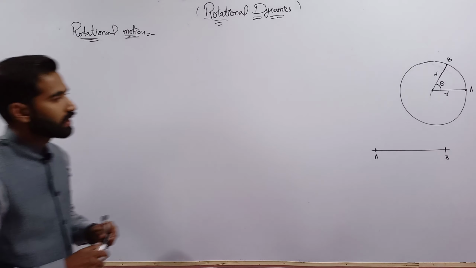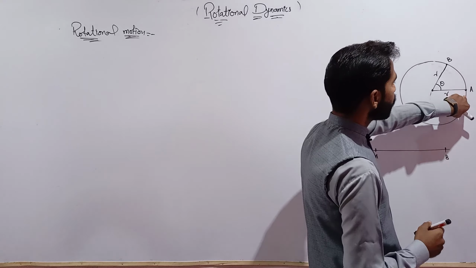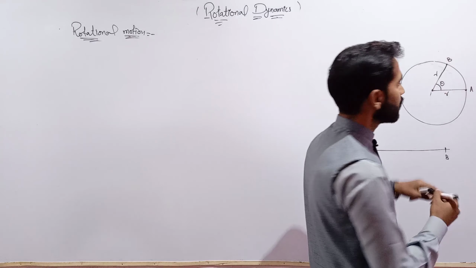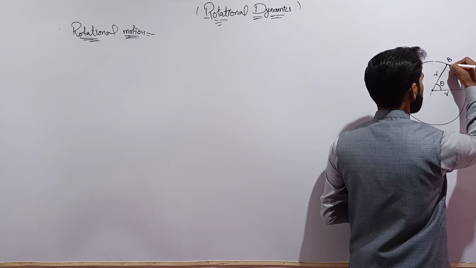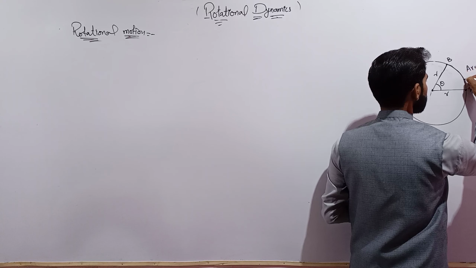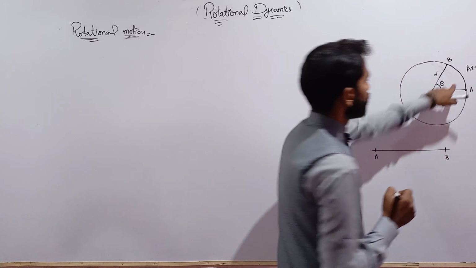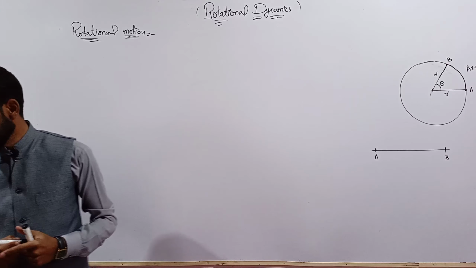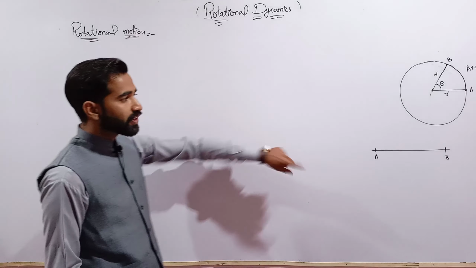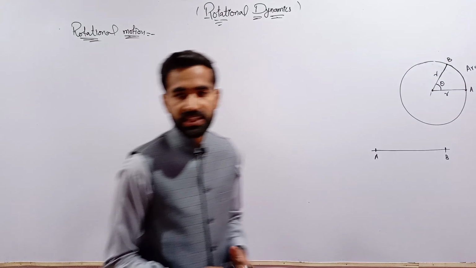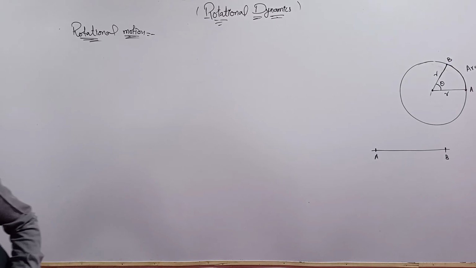Arc means point A to B. The angle subtended by the arc at the center during angular motion is known as angular displacement. And in this figure, theta represents the angular displacement.